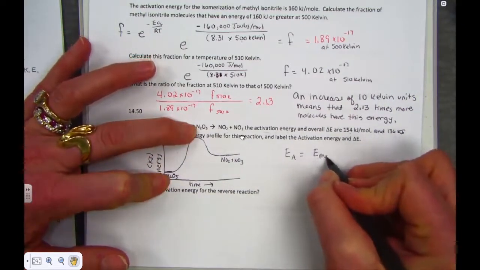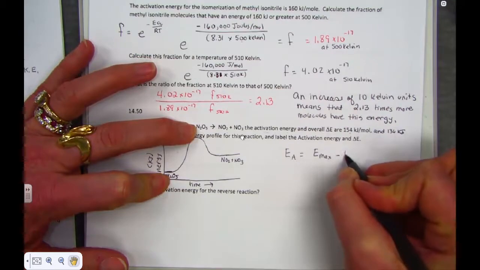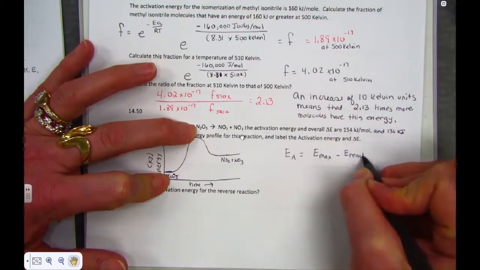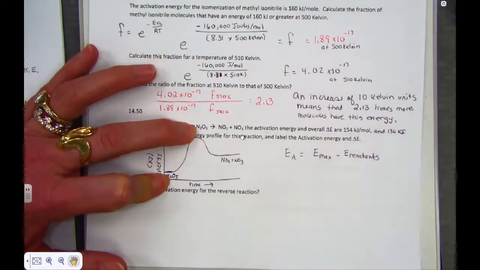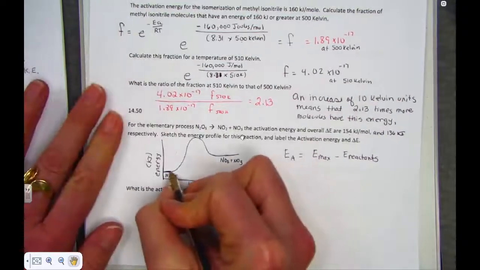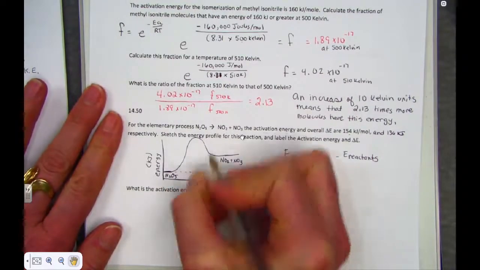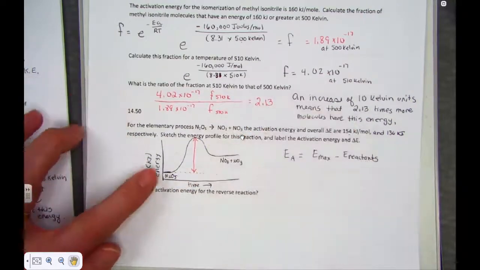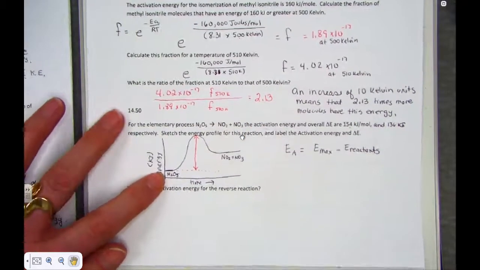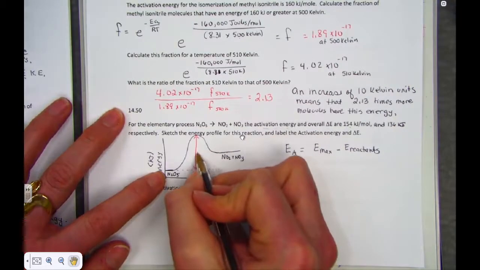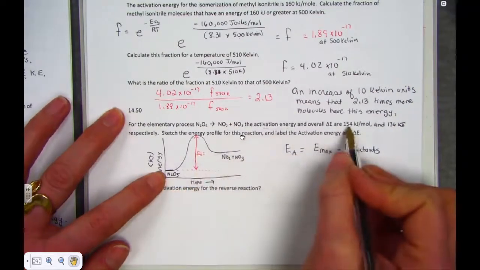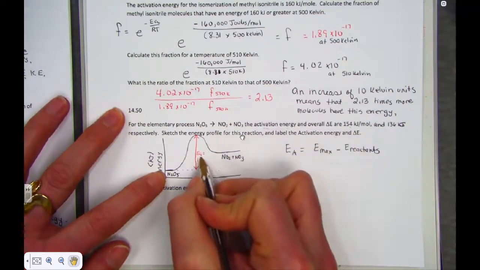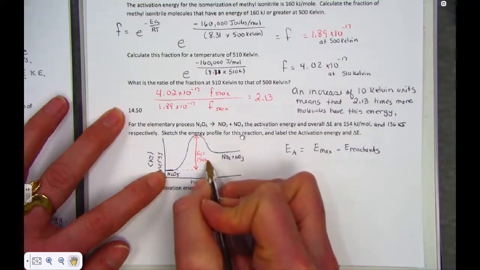So how about we go E max minus E reactants? I'll change color so we can see that. Here is the amount of energy at the reactants. The top of the energy barrier minus the amount of energy contained in the reactants is called the activation energy. And this is given to us as a positive 154 kJ per mole.